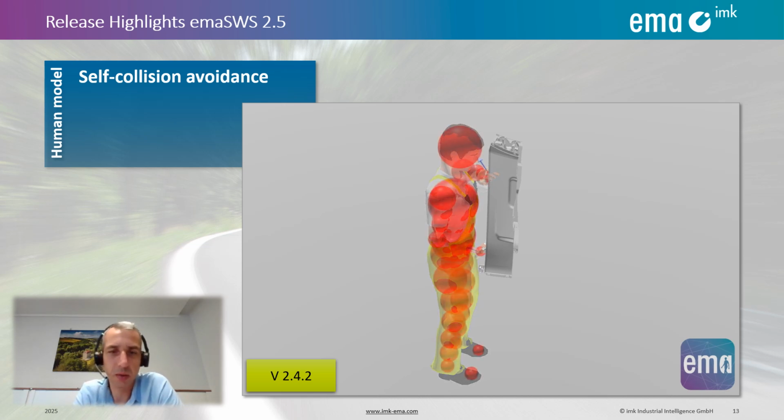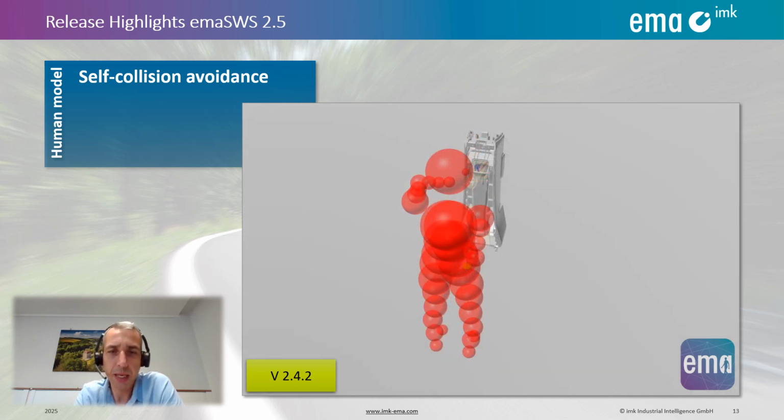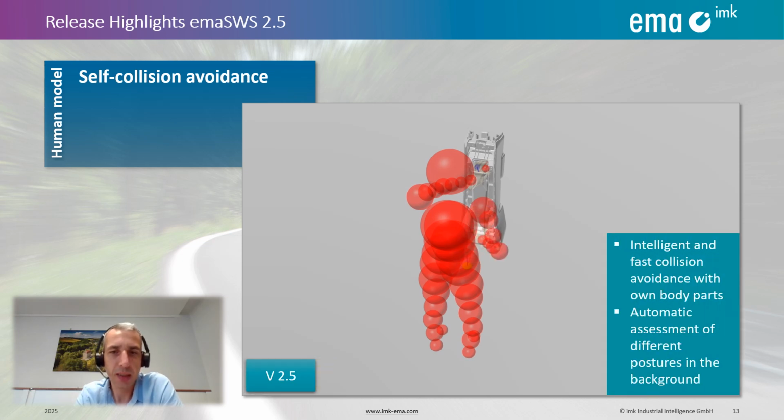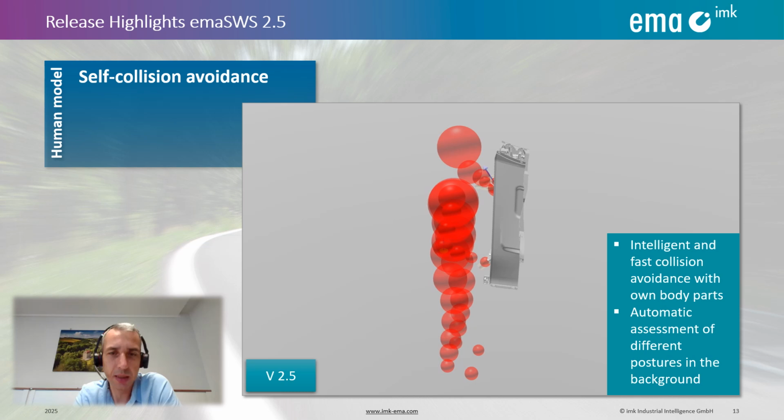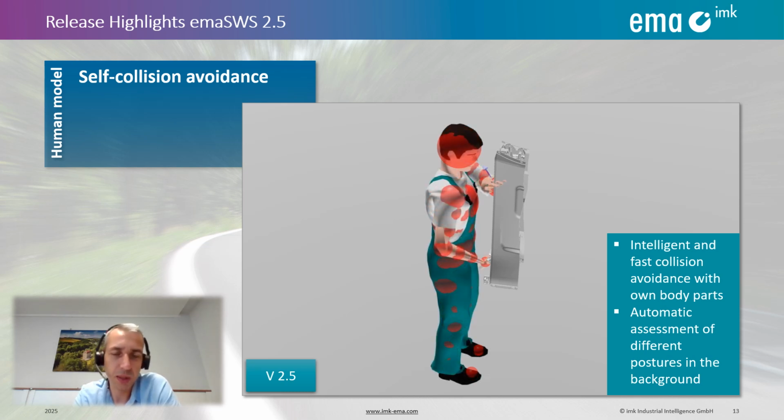This is not realistic. Now we inspect the own body parts about collision and prevent it and transferred it back and get a collision-free pose, for example, in carrying postures, which are then more realistic or possible.